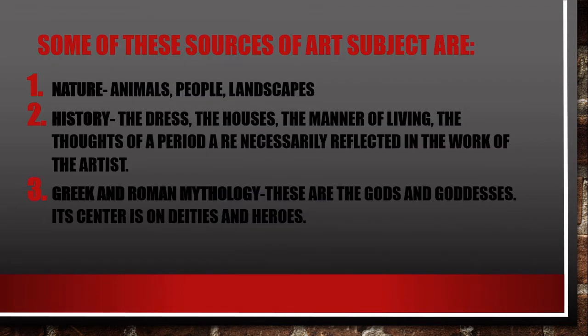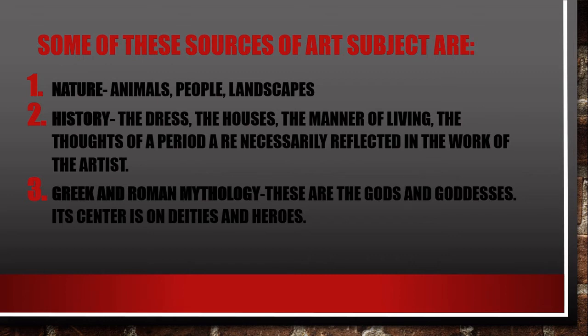Some of the sources of art subject are nature, animals, the people, landscapes. So these three are the most common inspiration and subject matter for art. Next, we have history. Artists are sensitive to the events taking place in the world around them.